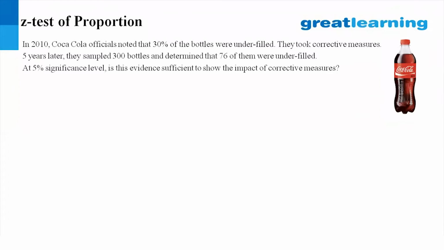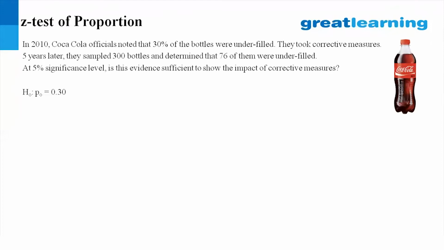You took a sample of 300 bottles and 76 of them you found to be underfilled. So how do you test that? We are not considering the volume of 600 ml or anything here. We're considering the 30% proportion here.